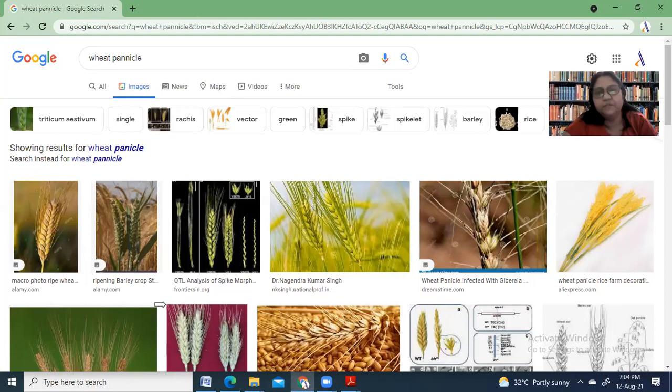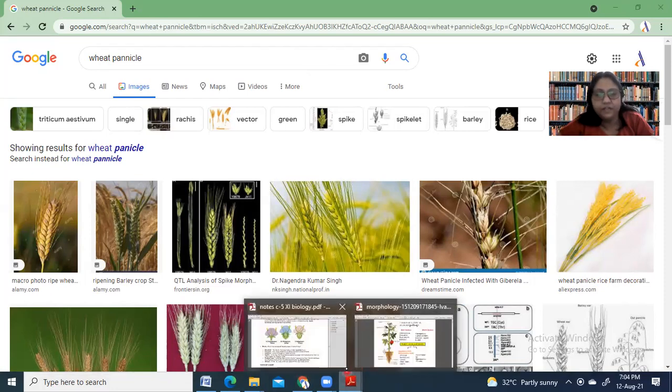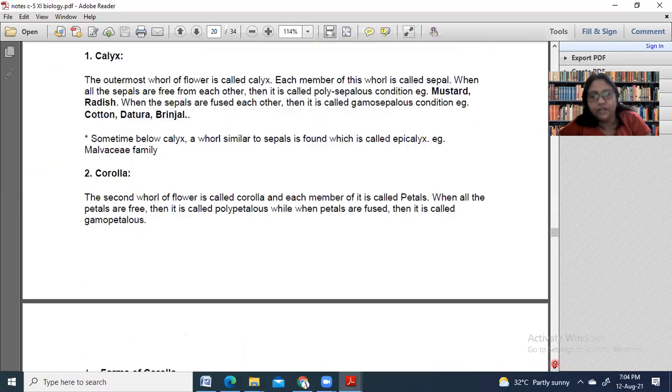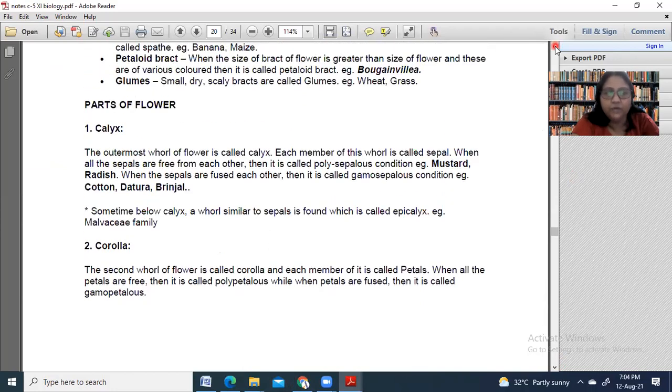These are nothing but bracts, and we call it a bract. Each of them is responsible for the specialized function of protection. So they are present in case of wheat and grasses. We will now look into detail about the parts of flower.